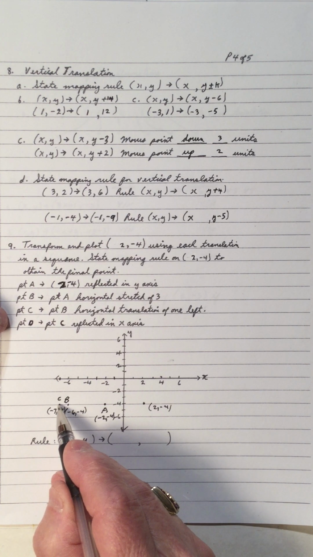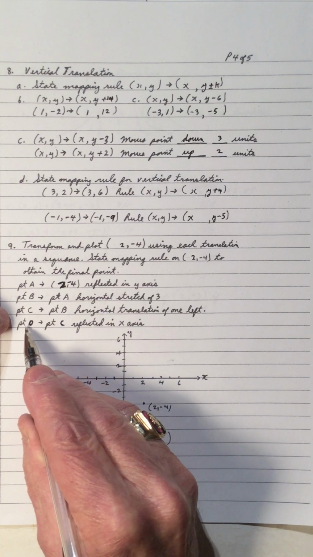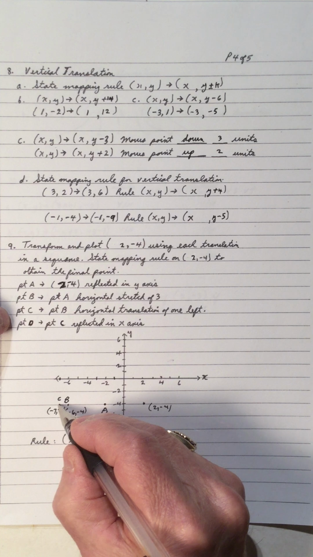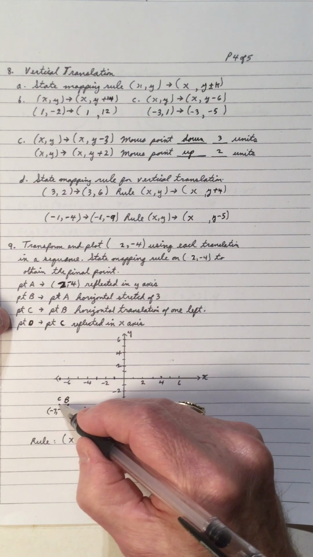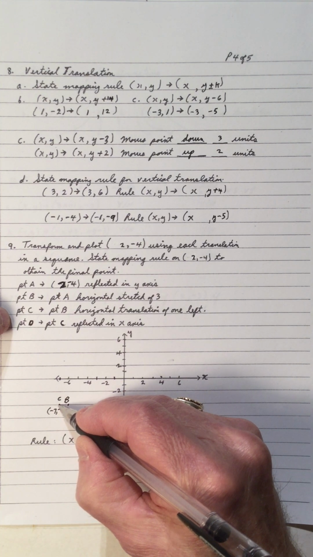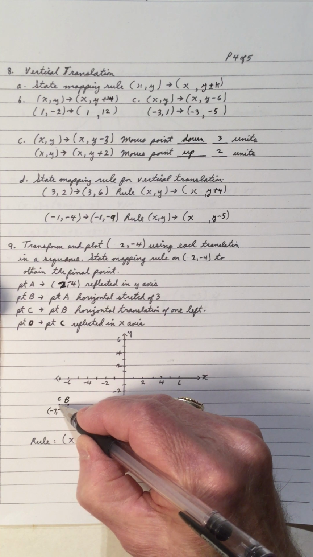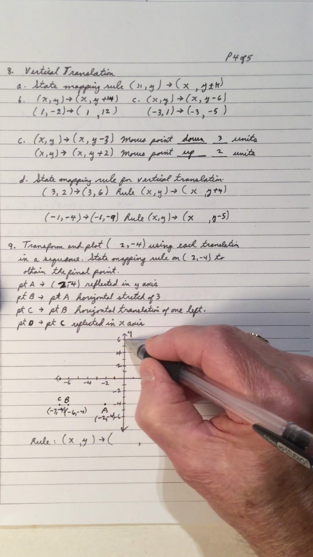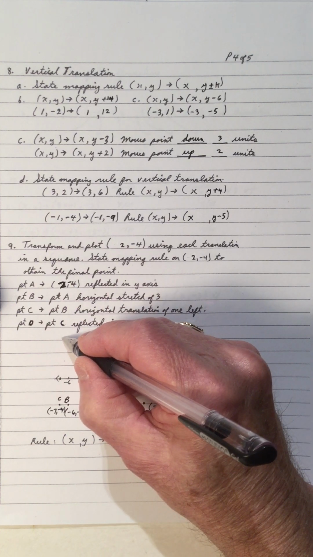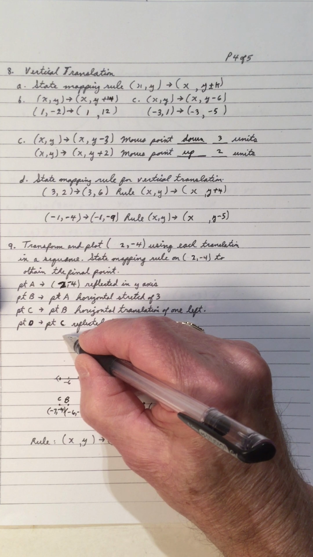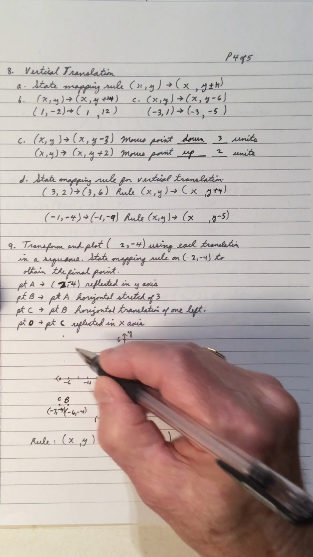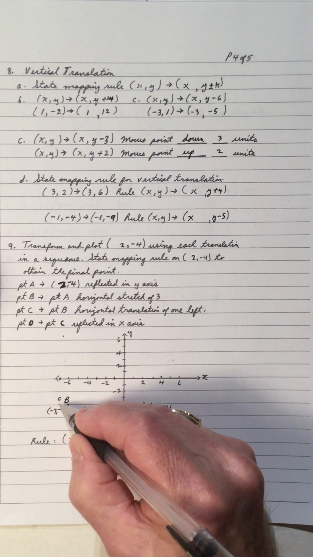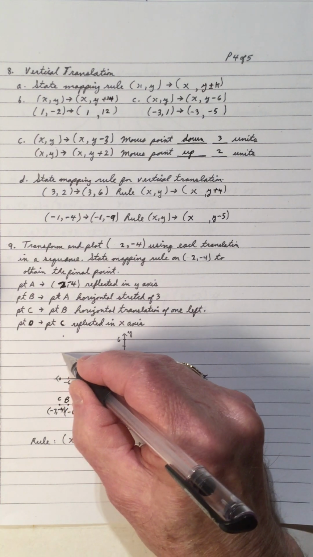Then we're taking C. Point D is point C reflected in the x-axis. So you take point C and reflect it in the x. The x won't change, so x is -7 right there, and you move up. The y is -4, so when you move up you go to 4.